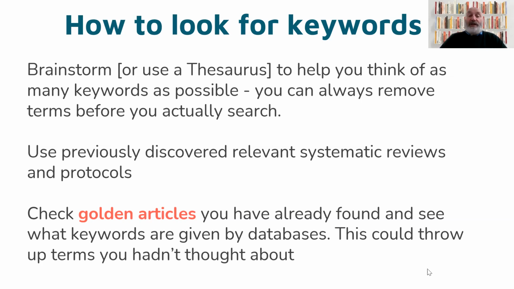Remember, we talked about golden articles earlier on. Search for those articles in the databases such as Medline or PsycInfo. All those databases give consistent words to describe their content. So if you know how the database describes the article you like, you should be able to find similar articles using those keywords.